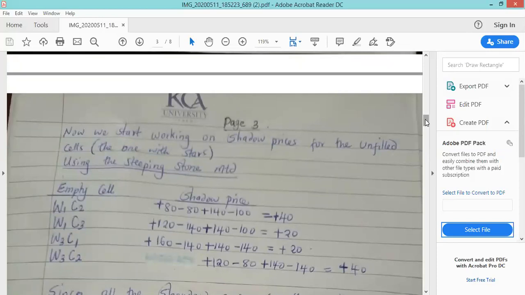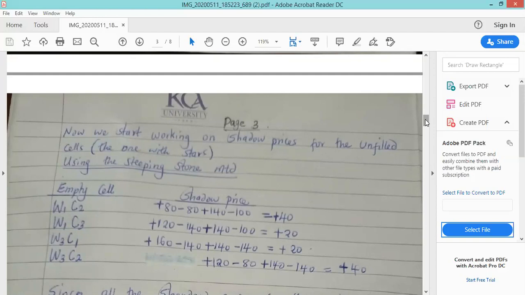So if there are negative shadow prices, then the solution to the problem is not optimal. I repeat, we evaluate the shadow prices for the unfilled cells. If there are shadow prices which are negative, then it means the solution to the problem is not yet optimal.